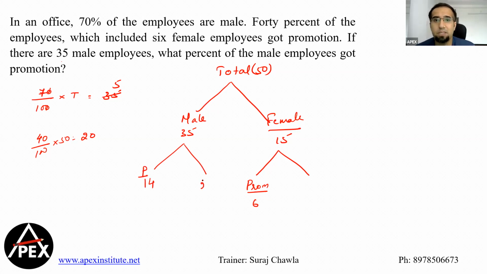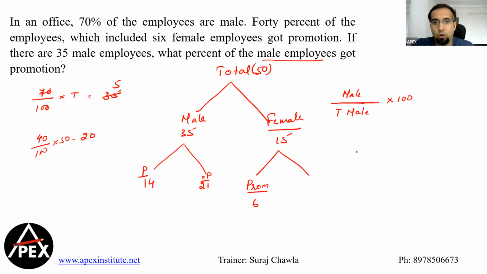Clear? What percent of the male employees got promotion? Which means the question is asking you, what percentage of the male employees? So denominator will be male employees, total male employees. What percentage is multiplied by 100. Can somebody tell me what will the numerator be? Exactly right. The question is asking you how many male employees got promotion.